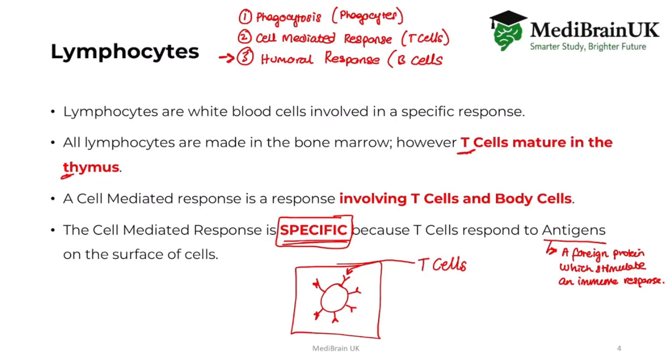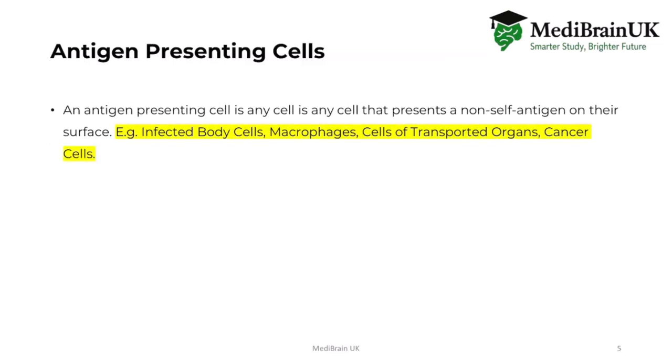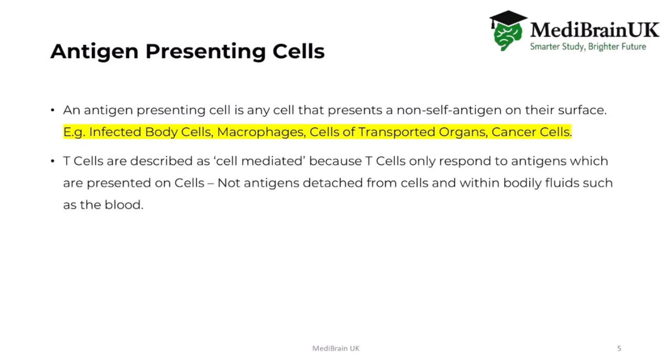We looked at antigen presenting cells in our last lesson, but let's quickly go over them again. An antigen presenting cell is any cell which can present a non-self antigen. A non-self antigen is just an antigen which doesn't belong in the cell.